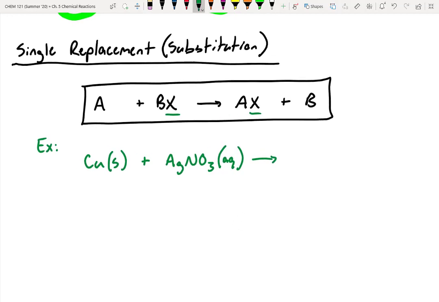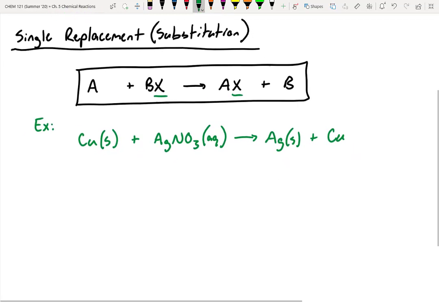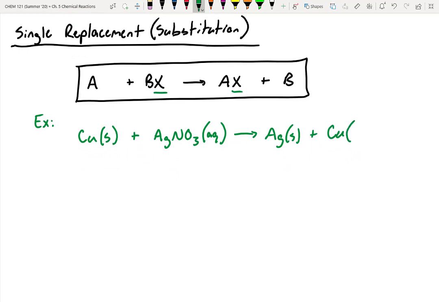You get silver solid that forms. It forms this gray, clumpy stuff on the inside. Then the solution turns blue because you're going to be forming copper nitrate, Cu(NO3)2, and this is going to be blue, in solution.